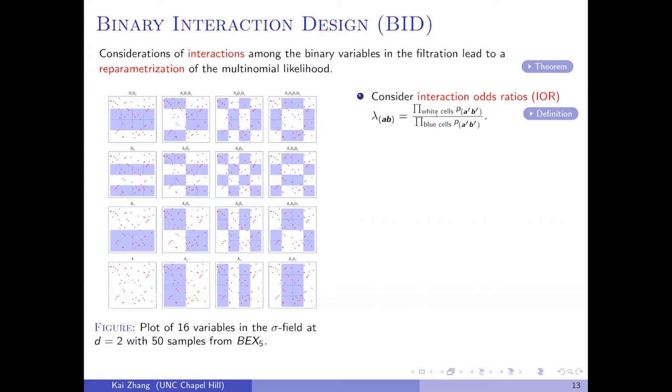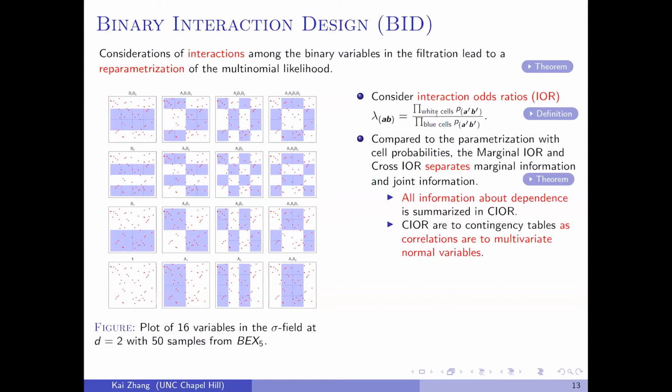So, what is the advantage of using these lambdas over the cell probability P? One advantage is the separation of marginal and joint information. Recall that a cell probability P carries both marginal distributional information and joint distributional information. However, with these lambdas, we can separate them into marginal IOR and cross IOR.